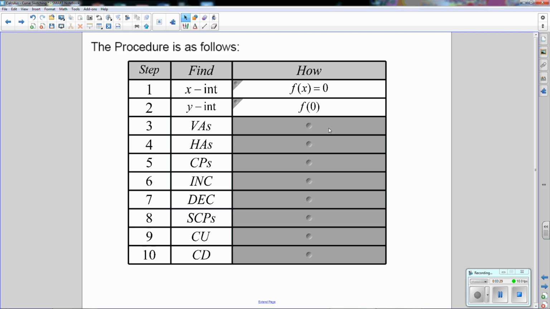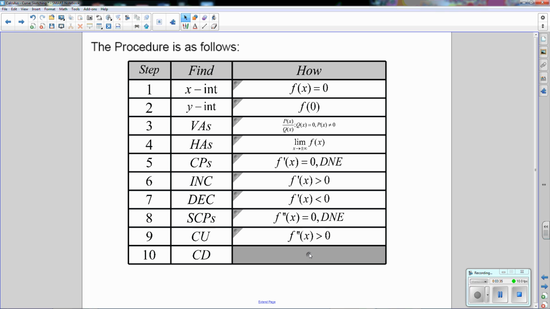And similarly for the asymptotes, the critical points, regions of increase or decrease, second critical points, and regions of upward and downward concavity. We then take these steps and we apply them to a function, and we find all of these pieces of data. We're going to skip all those steps and go to the final slide.